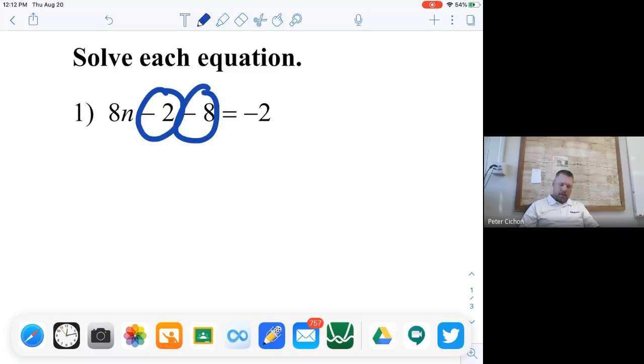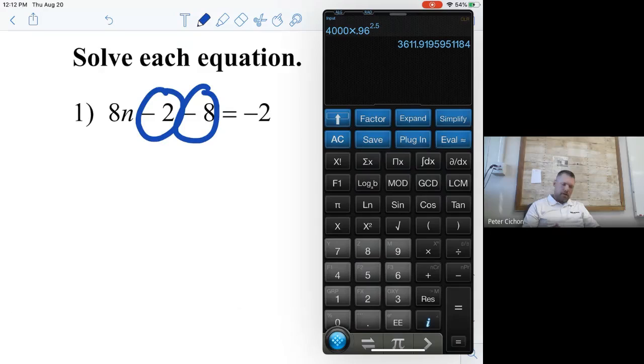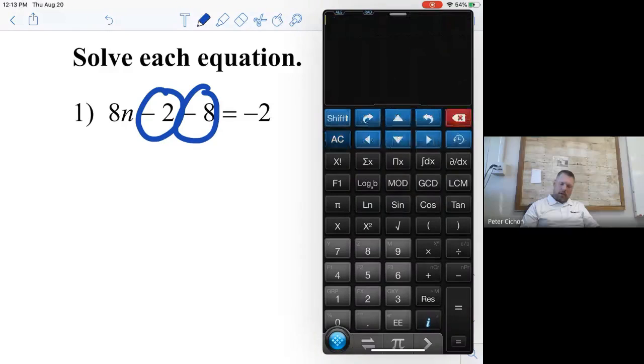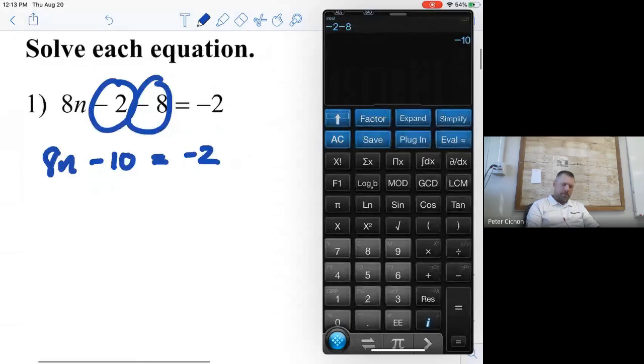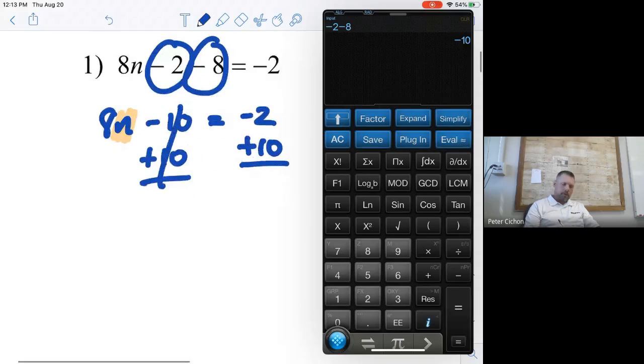All right, ladies and gentlemen, when you have like terms on the same side of the equal sign, you got to put those together first. I'm going to open up my calculator. -2 minus 8. Okay, so 8n minus 10 equals -2. Now I got to get n by itself, so I'm going to add 10 to both sides. 8n equals 8.